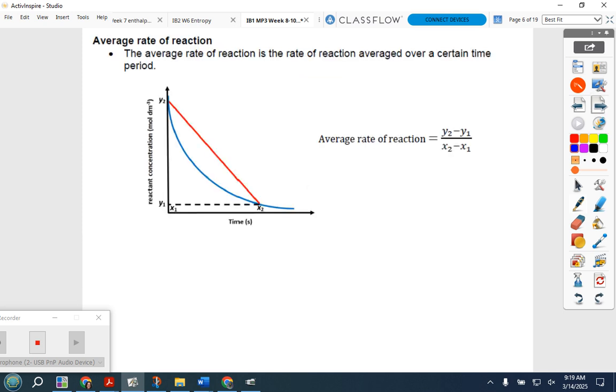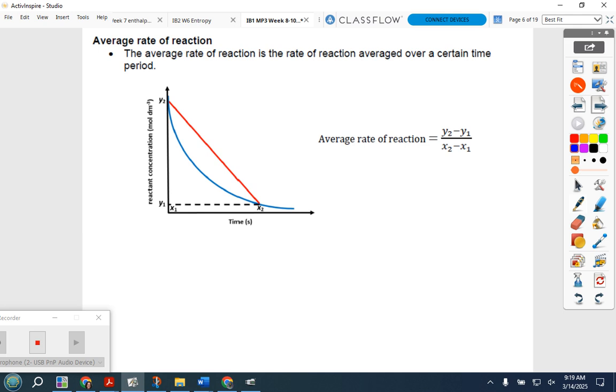To find the average rate across a certain period of time, like say you're going to run your reaction for 30 seconds, and in all of your different conditions, you're going to run it for 30 seconds and then stop, and you're going to find out what was the average rate of reaction across those entire 30 seconds. So you basically just pick a point on the line and use the coordinates, y over x.